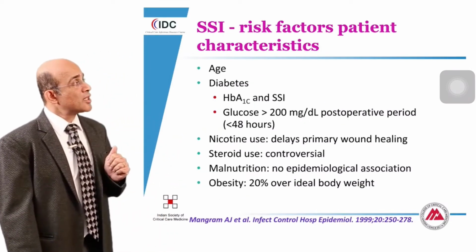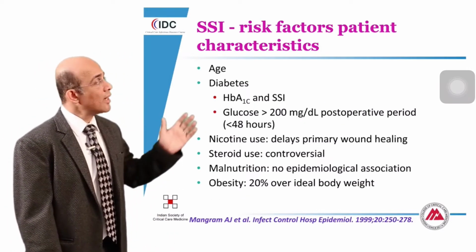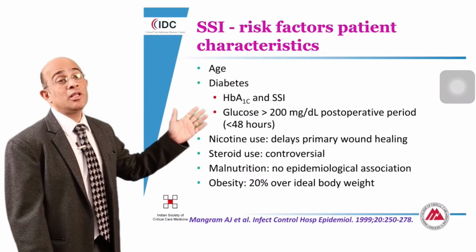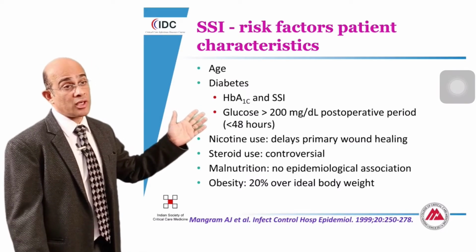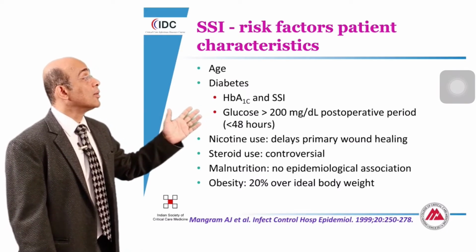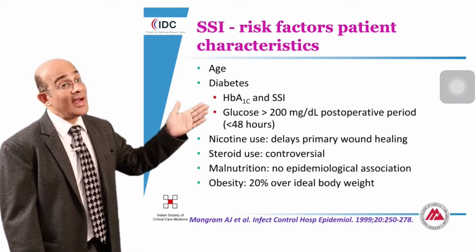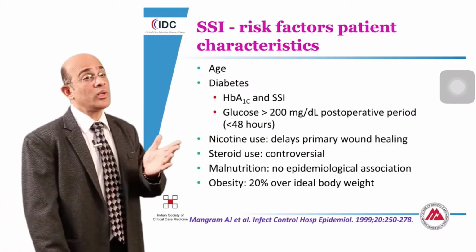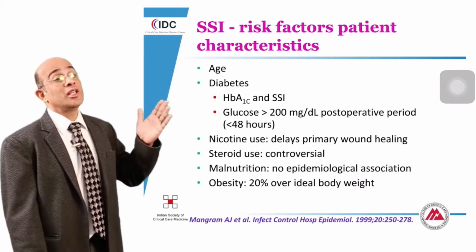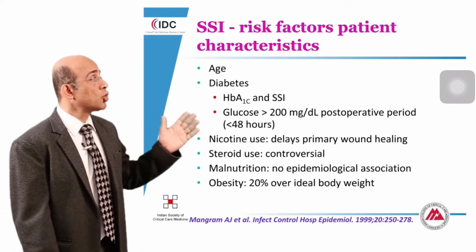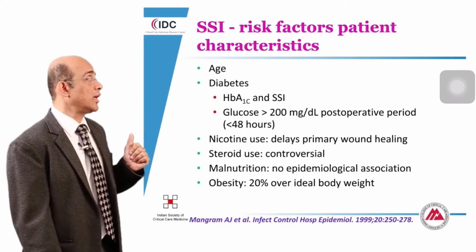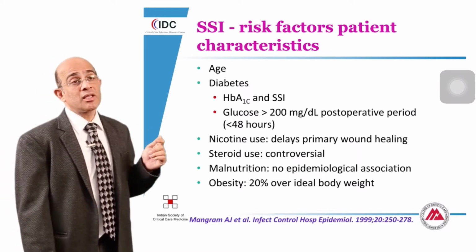The other factors may be patient related. This can be the age of the patient, whether the patient has underlying diabetes, the sugar control of the patient, whether the person's sugar has been adequately controlled in the several weeks before the surgery, and whether the person is a smoker. It has been shown that nicotine delays primary wound healing. Use of steroids in the patient is controversial.